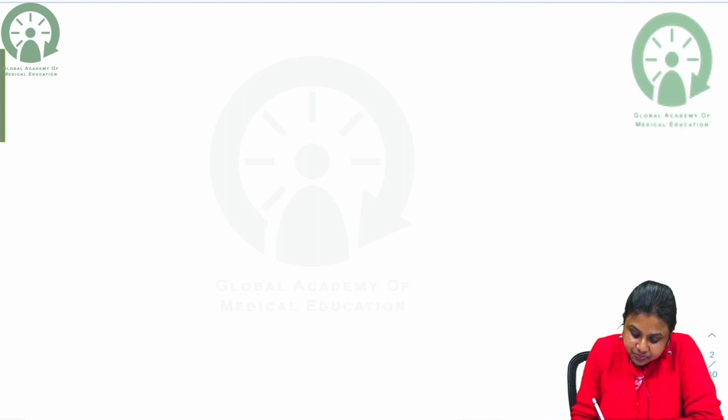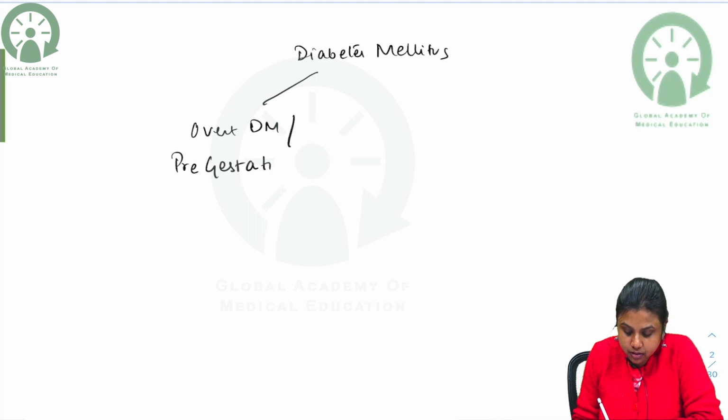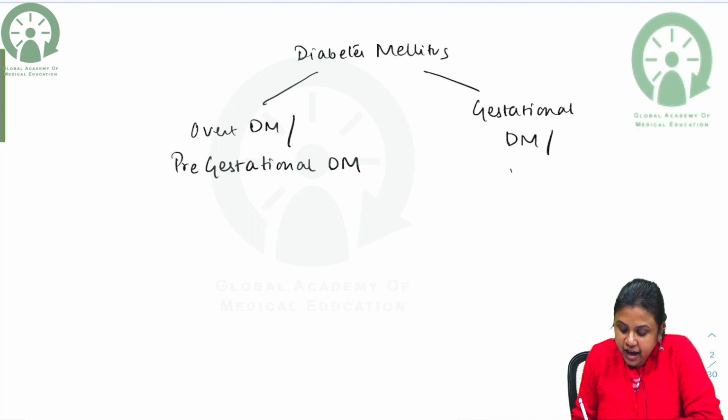One is overt diabetes mellitus, also known as pre-gestational diabetes mellitus, and the other is gestational diabetes mellitus, or the IDM.